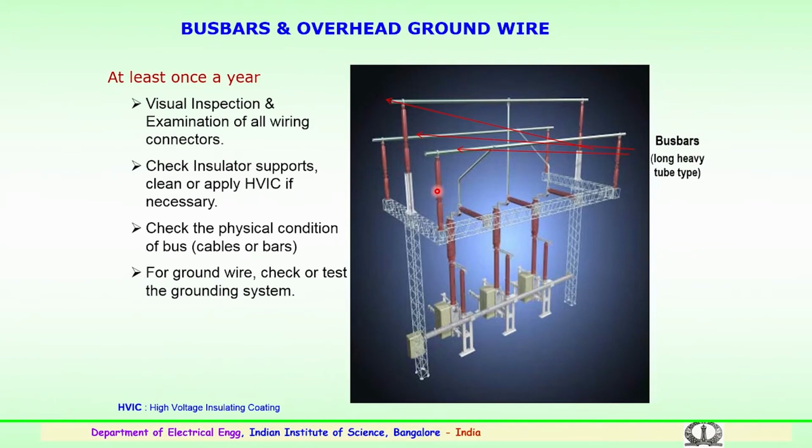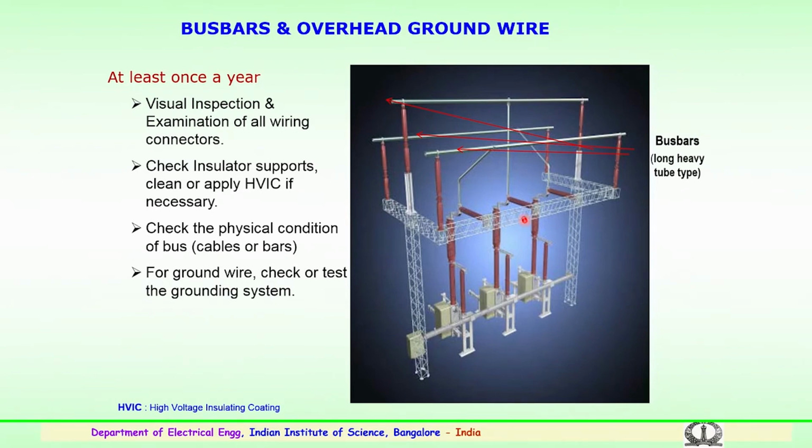The physical condition of these cables or the bus bars has to be attended to at regular intervals, particularly as these are operating in the open environmental condition. The effect of corrosion or oxidation must be checked. So, a proper check is essential for the bus bars.